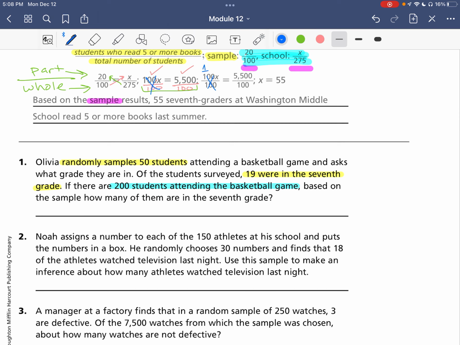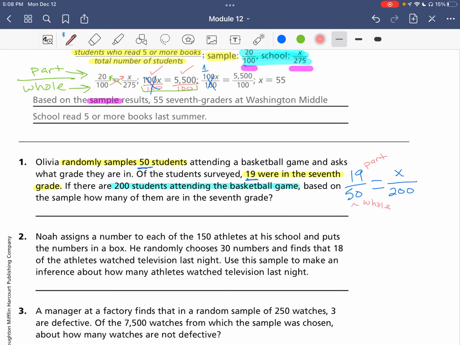So we need to set up our proportions. So we're going to have 19 over 50. So that part over the whole, the total there, is going to equal what out of the 200 attending the game. So we have our part over our whole there.